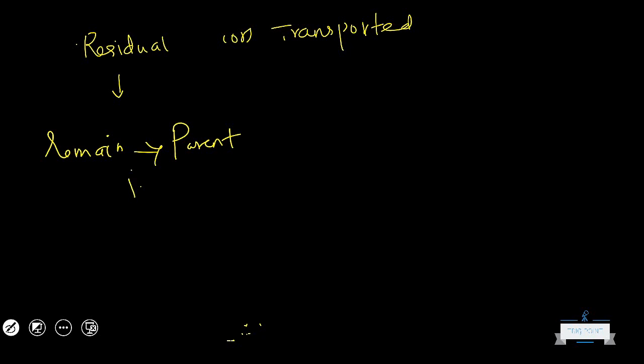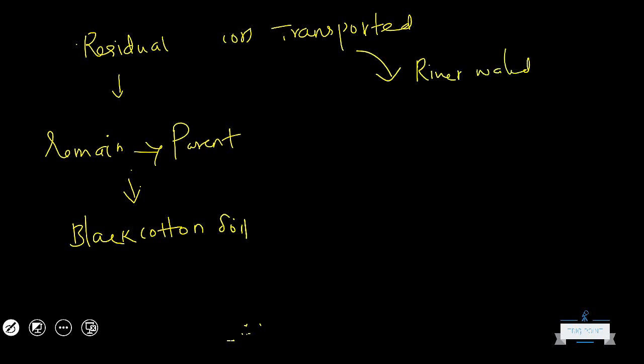An example of residual soil is black cotton soil. The transported soils are transported by natural factors like river water, wind, etc.